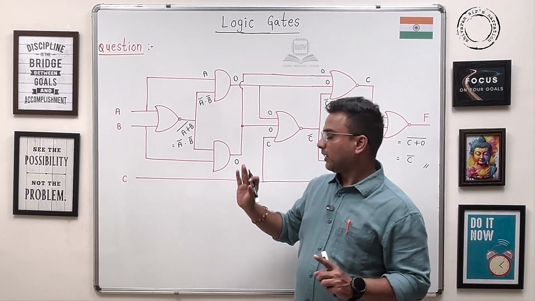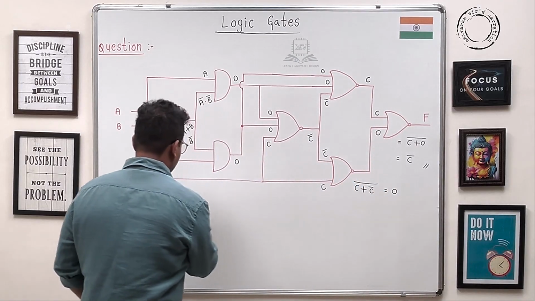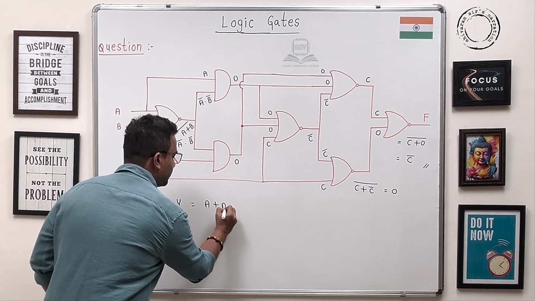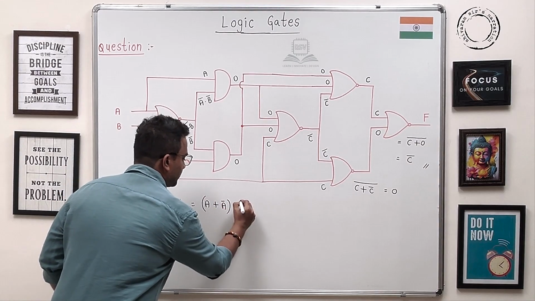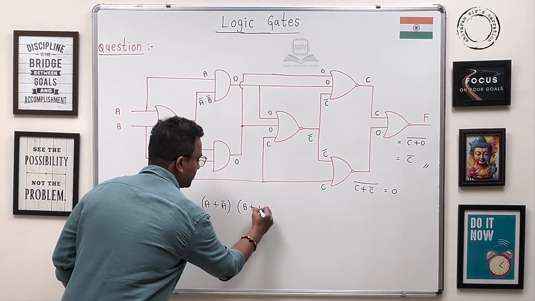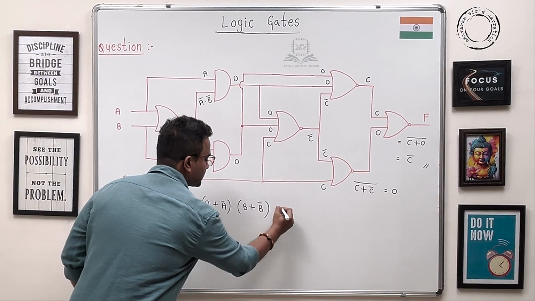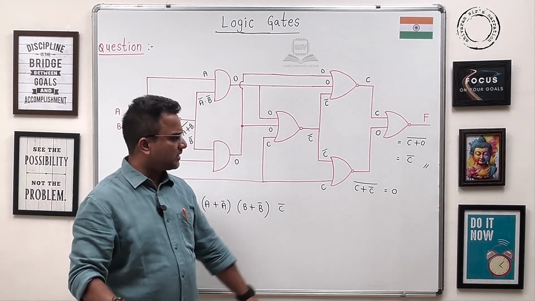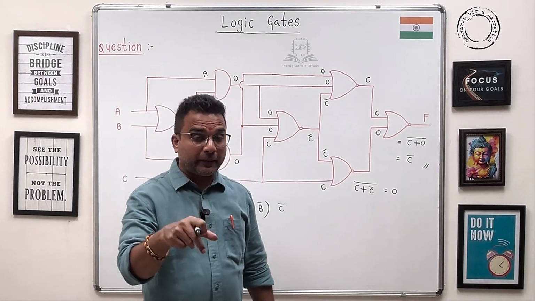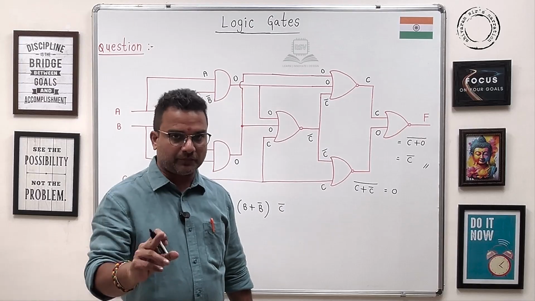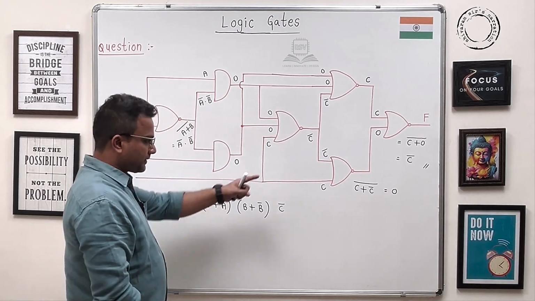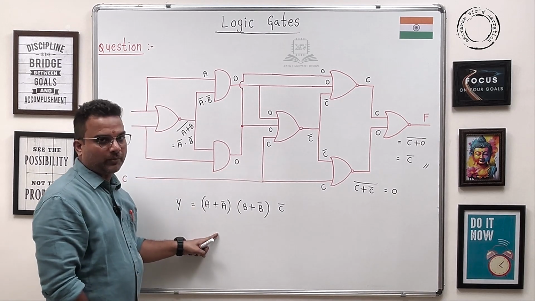Hence, here you can rewrite it as y equals (A plus A bar) into (B plus B bar) into C bar. Guys, if the Boolean function is C bar only, and they are expecting the answer in terms of min terms, sigma m, then you need to consider that in canonical form.